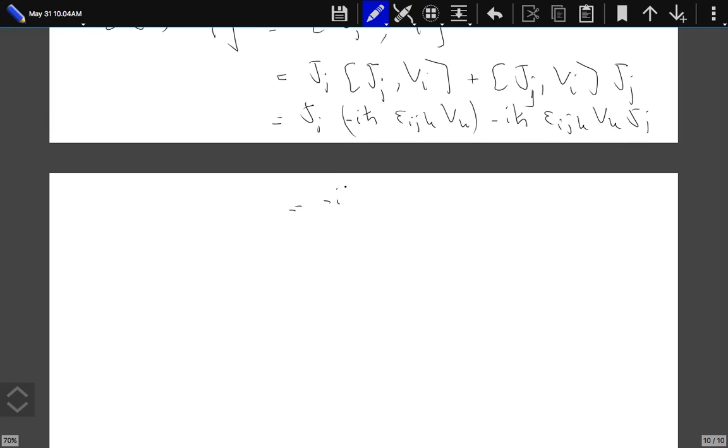This is minus iħ epsilon ijk (Jj Vk minus Vk Jj)... Yeah, not so illuminating.